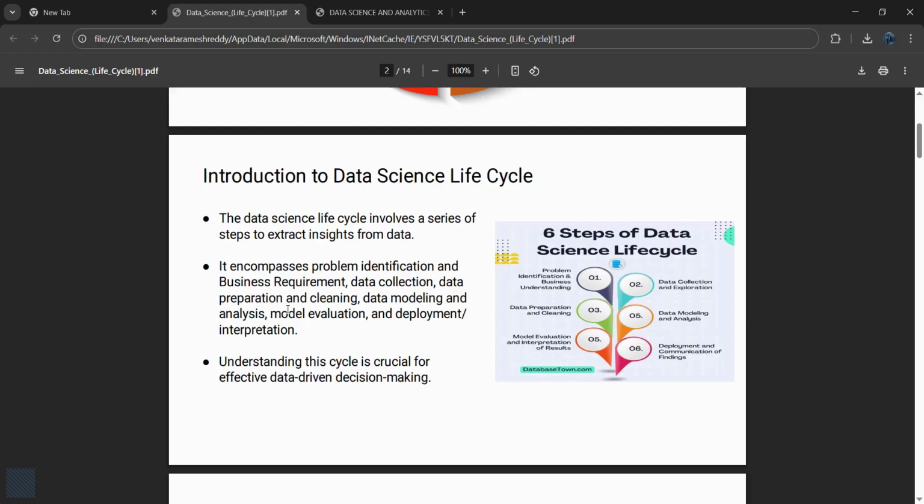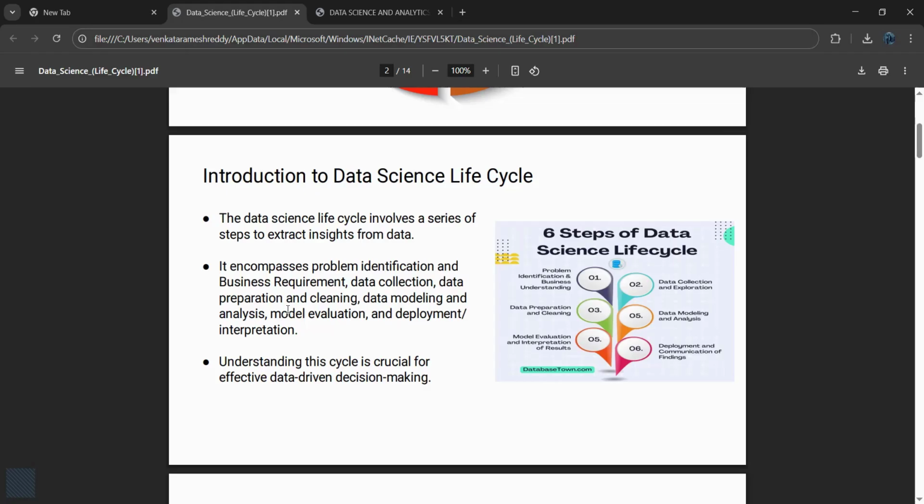Without the life cycle of data science, you can't do any modeling of data or any analysis on the data, because there are certain steps to analyze the data. Without following the steps, you can't do analysis. If you want to do analysis, you have to perform some steps. Otherwise, you can't do any analysis.